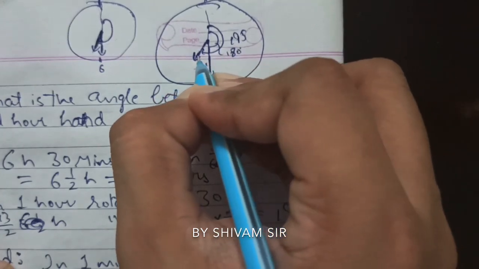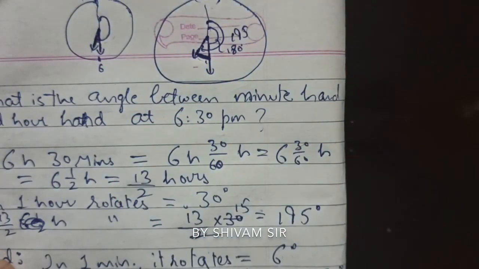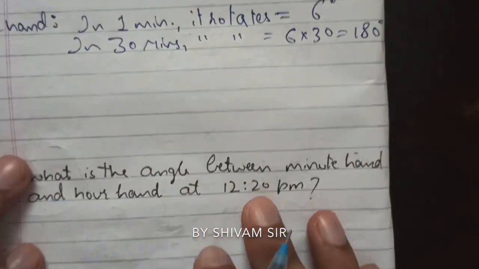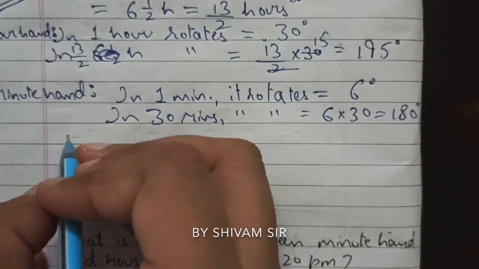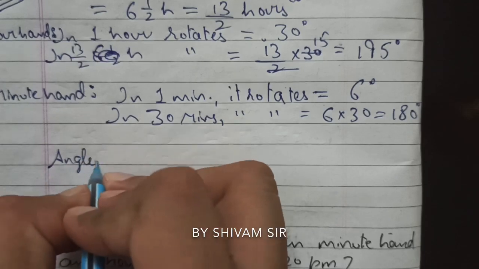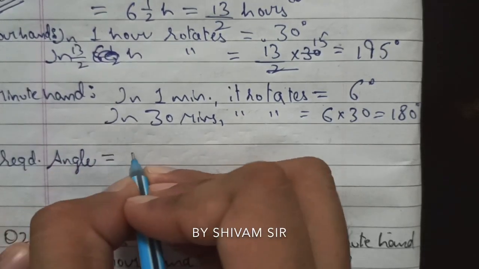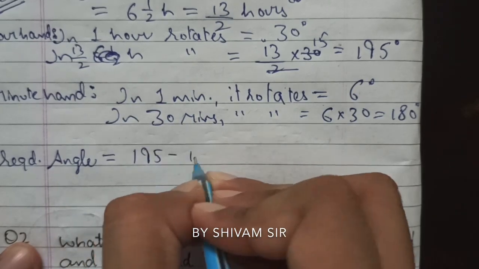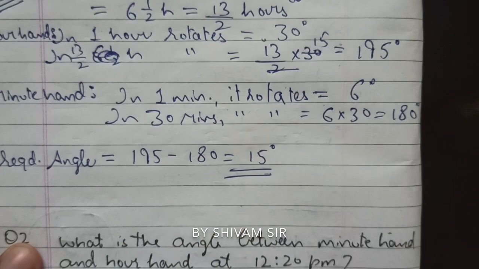So this will be the difference, right? So this difference we need to calculate. How are we going to calculate it? By subtracting both the angles. So the angle between the minute hand and the hour hand, or we can say the required angle, is equal to 195 minus 180, which is 15 degrees. So 15 degrees is our answer.